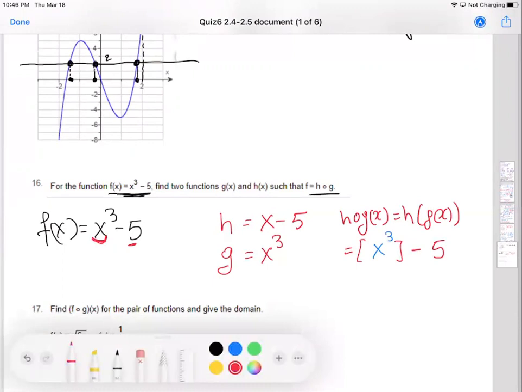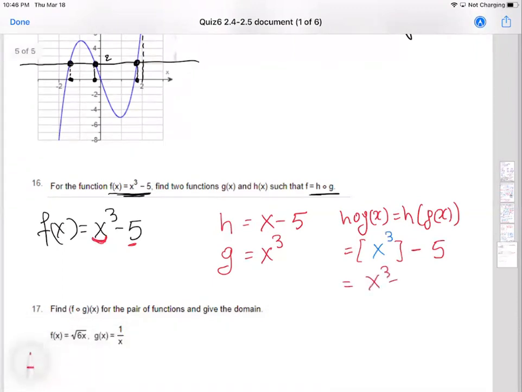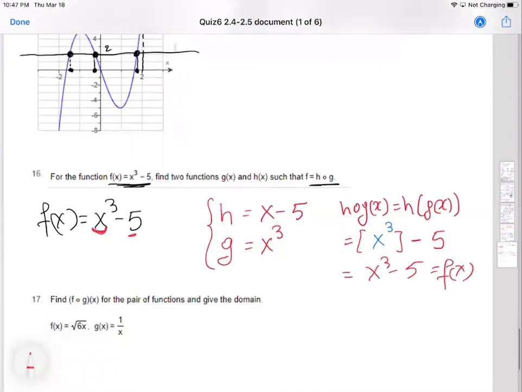So we can simplify this into x to the third minus 5. And this is f of x. So we found them correctly. So again, the key here is to recognize the function that goes into the other function. x to the third is inputted into x minus 5.